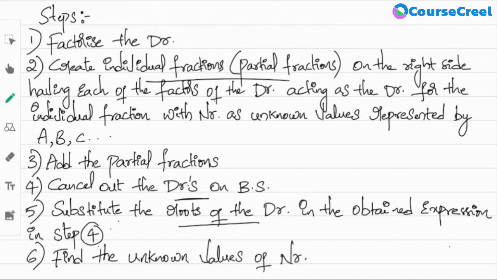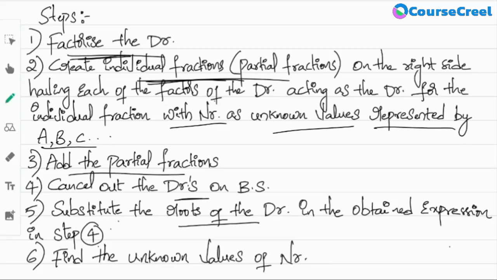So in this way, we can generate the partial fractions, or decompose the given proper fraction into simpler multiple partial fractions. So the steps to be followed are, first of all, the given fraction should be a proper fraction. If not, convert the improper fraction to a proper fraction. Then factorize the denominator. Then create individual fractions, that is partial fractions, in such a way that each factorized denominator acts as a denominator for the individual fraction, with numerators as unknown values represented by A, B, C. And then the next step is adding the partial fractions.